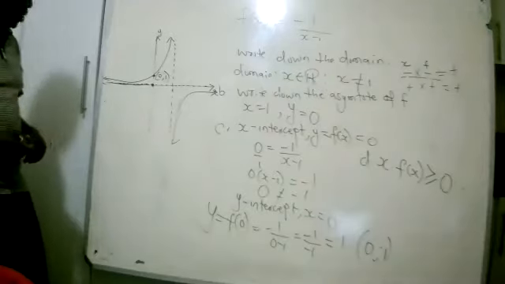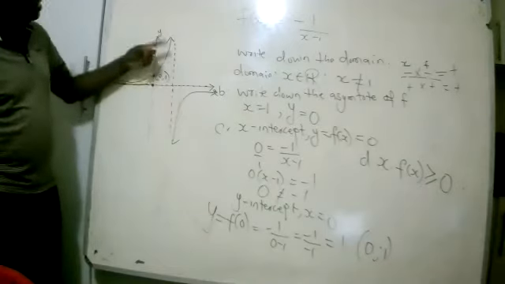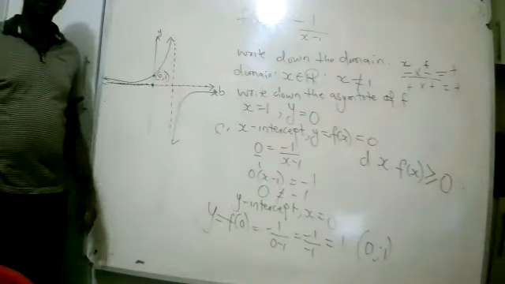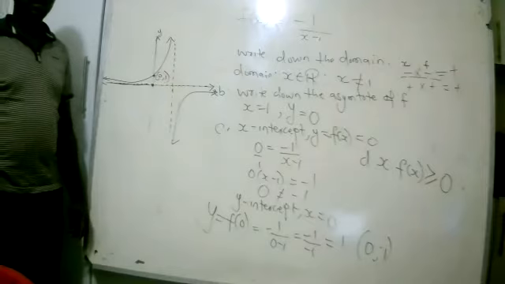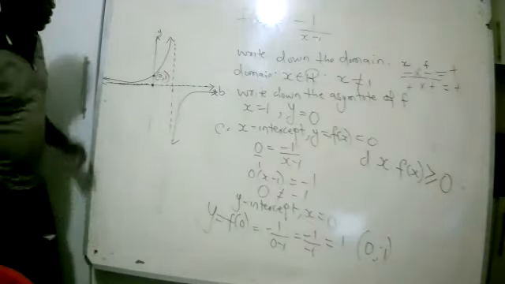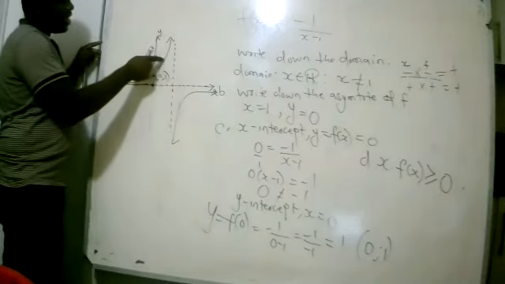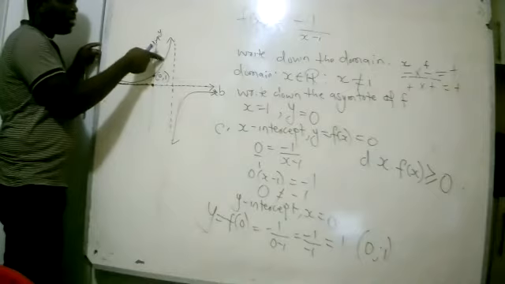Positive. Is positive, yes. So when x is positive, is the graph of f positive or negative? When x is positive here, is the graph of f positive or negative?